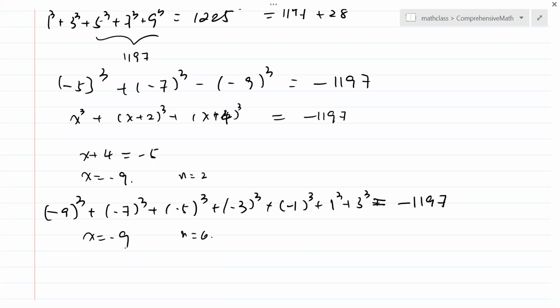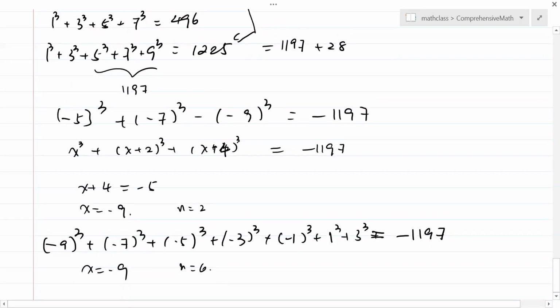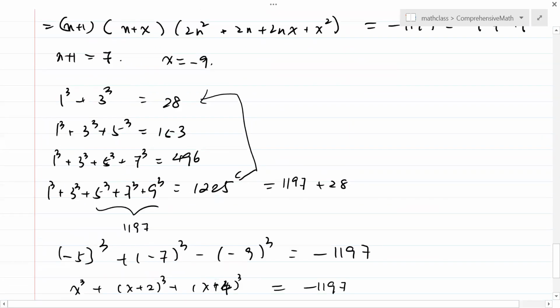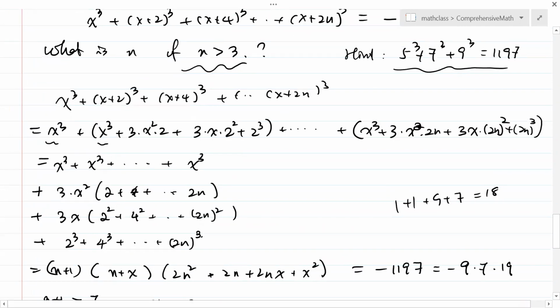But the most difficult part is the first one: how do you recognize that 5 cubed plus 7 cubed plus 9 cubed equals this? I did not do it this way. I learned from somewhere, but actually what I did, I'll just show you my way. It's a little bit more stupid, but that's pretty standard.